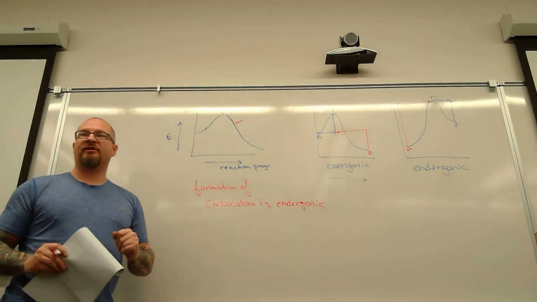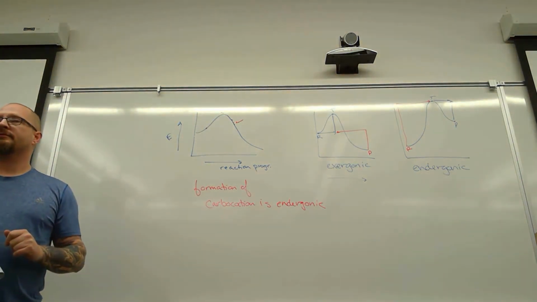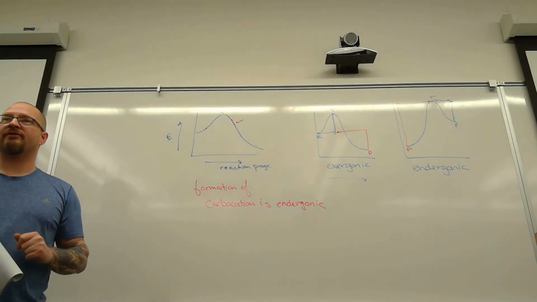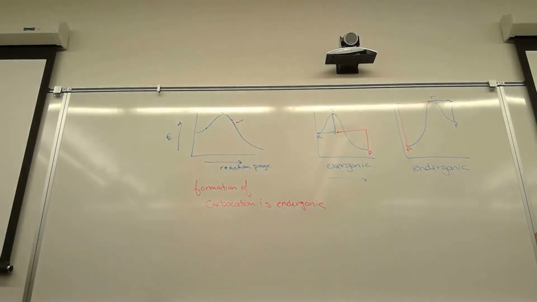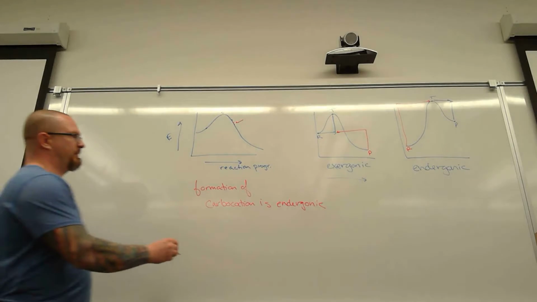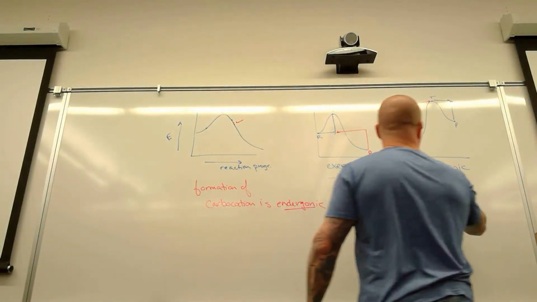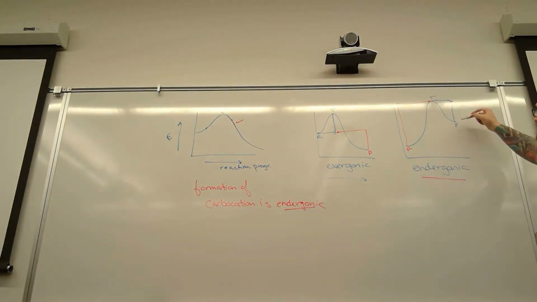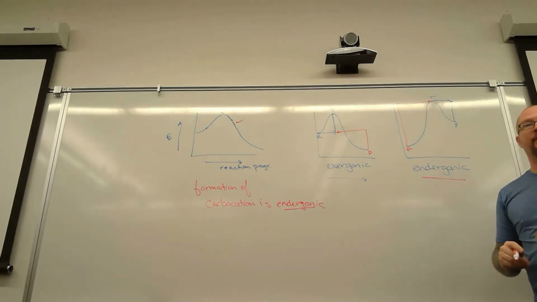It requires energy to do it because we're going to a higher energy state for this transition. So in this case, the transition state is going to more closely resemble the product.